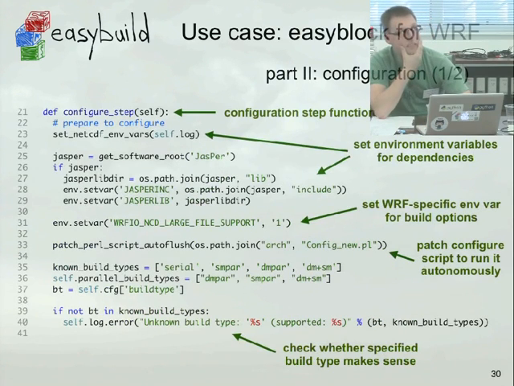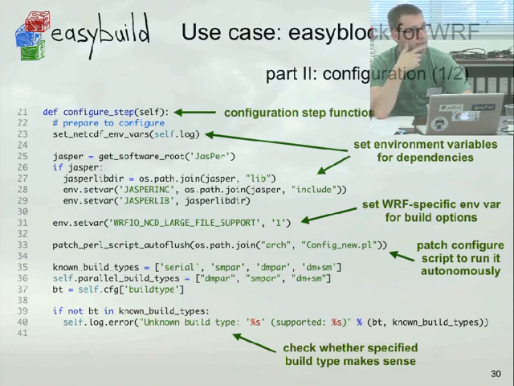And the next step is the first part of the configuration. So instead of running a simple configure script, there's actually a whole bunch of stuff going on here. We set the environment variables for netcdf that just point to where the netcdf include directory is, where the lib directory is, maybe other stuff as well.